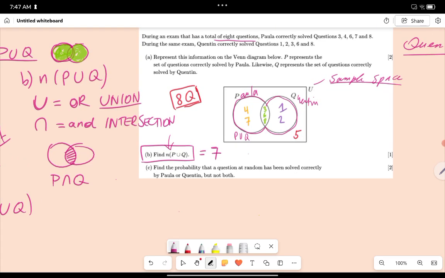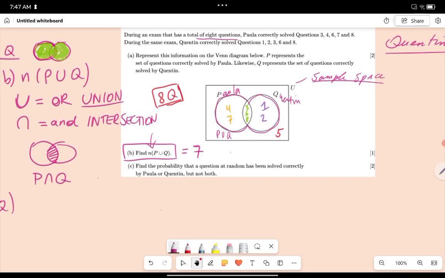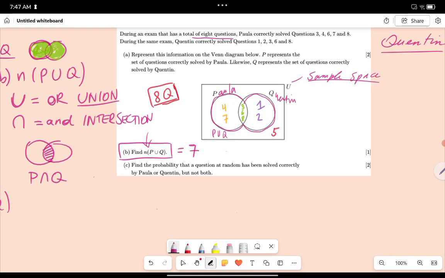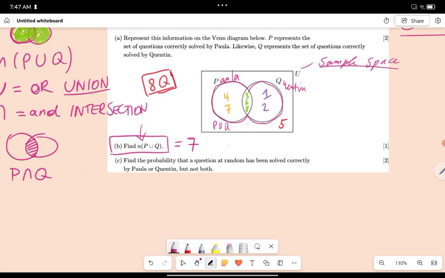Okay, and then C. Find the probability that a question at random has been solved correctly by Paula or Quentin, but not both. Okay, so this is interesting. So we are basically going to count this and this, right? Because we don't want both. This is not allowed, but it must be solved by either Paula or Quentin, but not both.